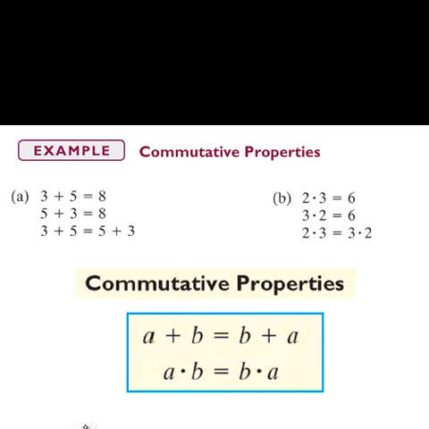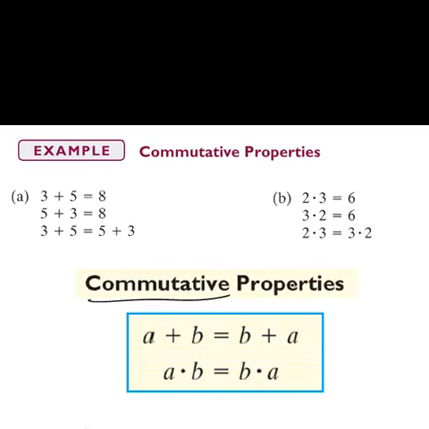So that's the commutative property that says if you are going to add any two numbers, you can add those two numbers in any order that you want. And same thing for multiplication. It doesn't matter what order you use. That's the commutative property.